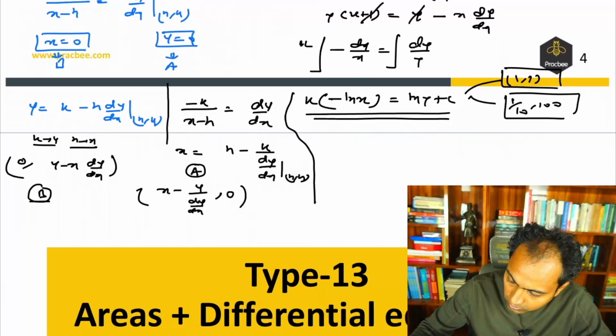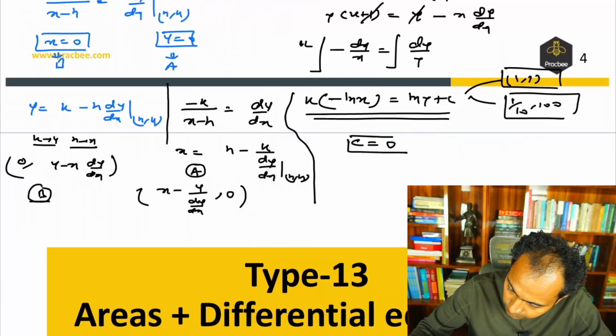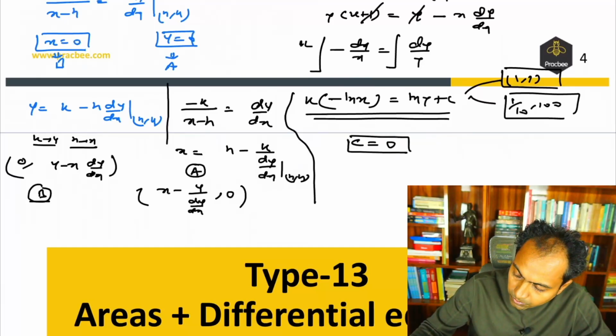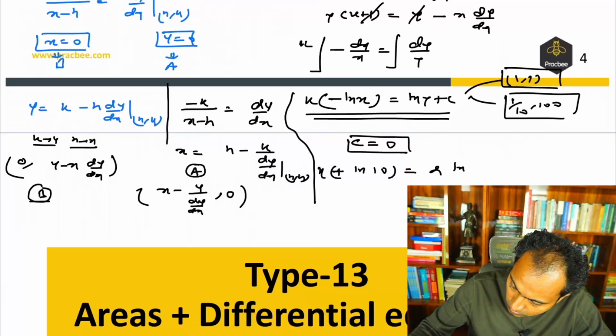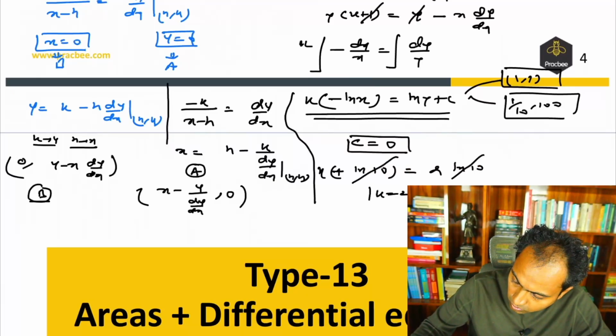So if I put (1, 1), you can see that c comes out to be 0. And if I put (1/10, 100), this part will become k into minus, this will become plus ln 10, and this is 2 ln 10. This will get cancelled out and the value of k comes out to be equal to 2.